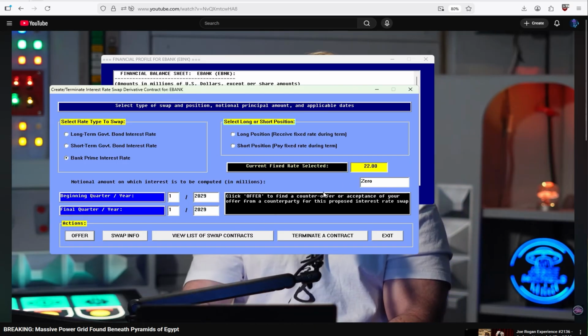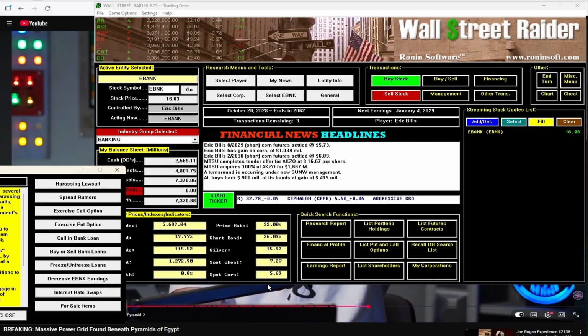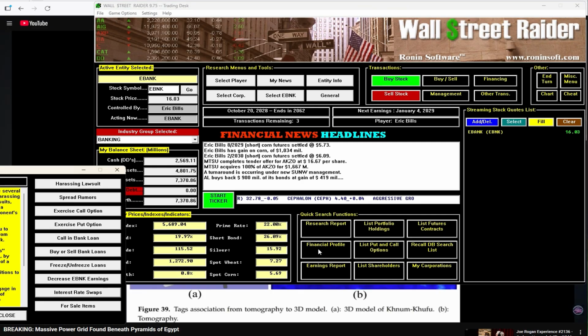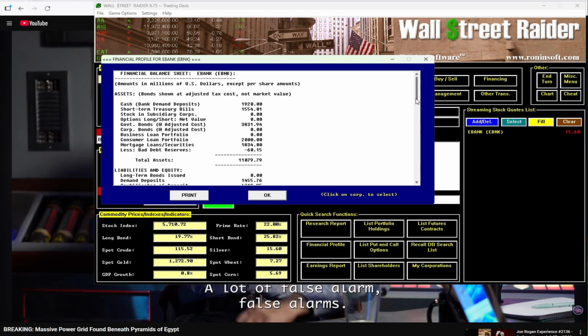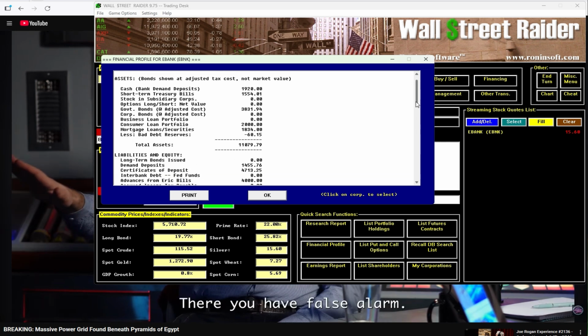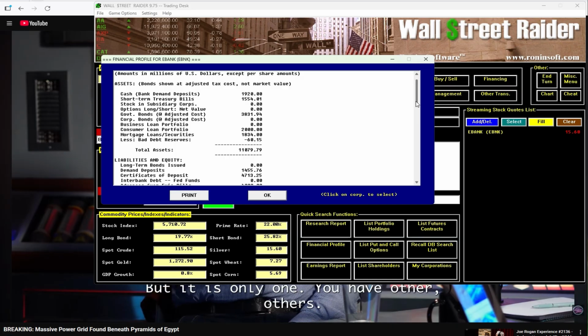So, for example, in this one on the top right, there's so much going on. A lot of false alarms, yes. I'm aware that there you have a false alarm, but it is only one. You have others.